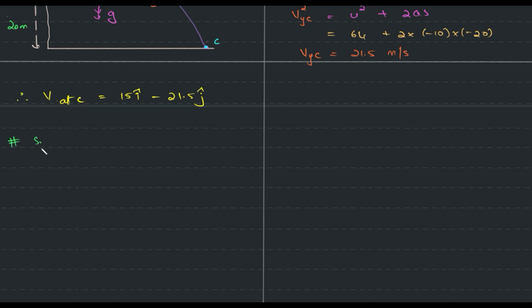Then we have the speed at C. That will be the root of 15 squared plus 21.5 squared. So this particular value will be 26.22 meters per second.